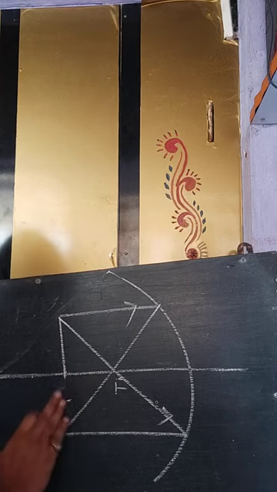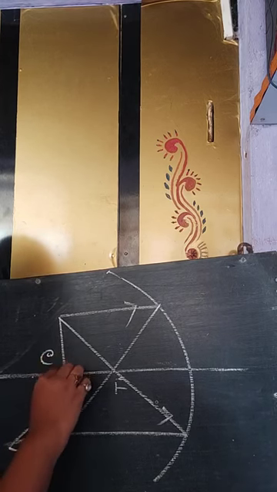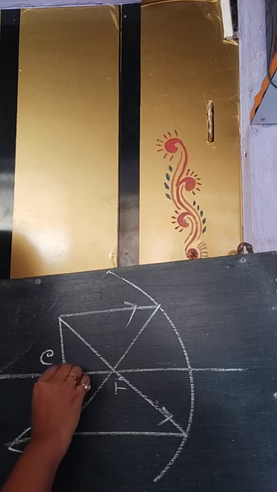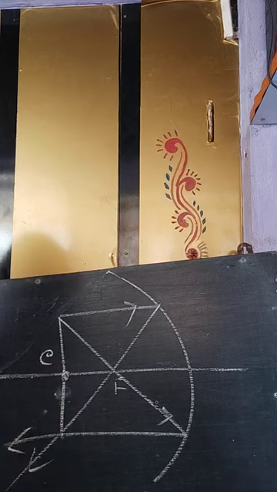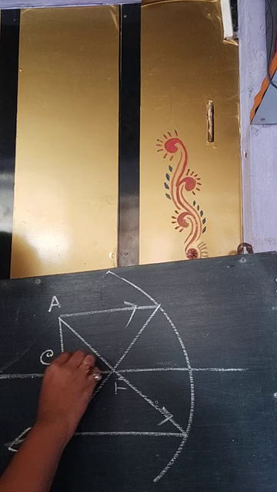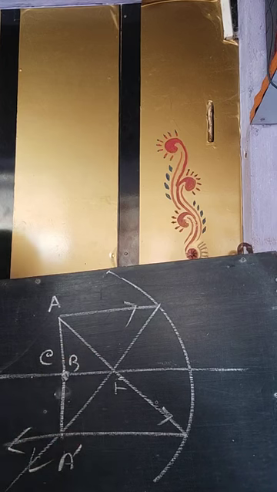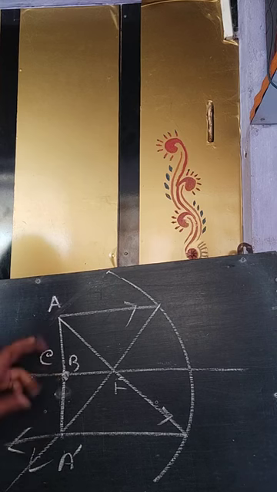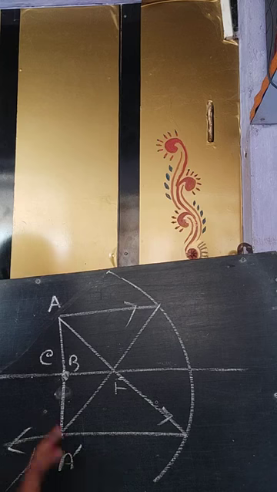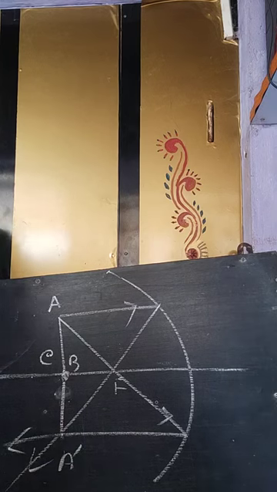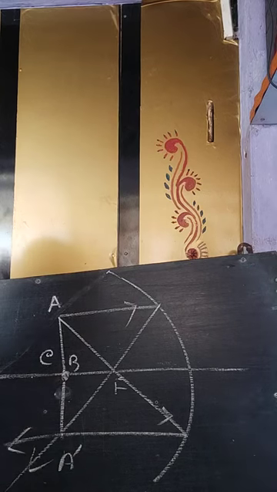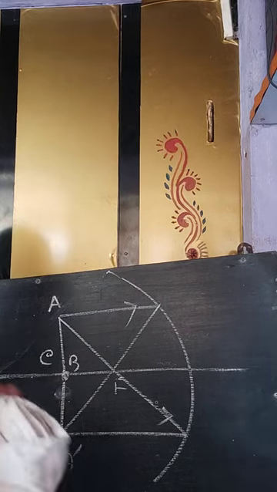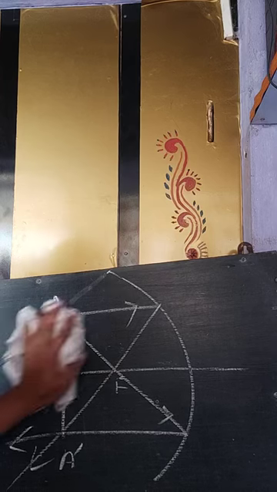So, if an object is placed at the center of curvature, the image is also formed at the center of curvature. So, if it is AB, it will be A dashed. Whatever the object size, the same is the image size. It is real as well as inverted. So, these are the characteristics of the image if the object is placed at the center of curvature. So, this is the third case.